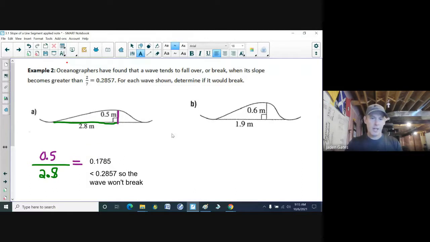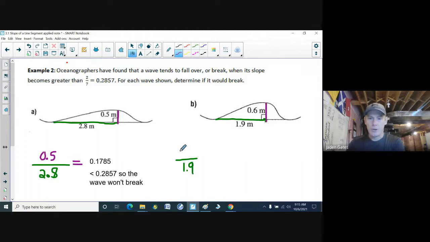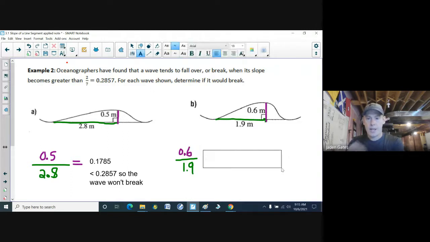All right, let's check out B here. Again, I have my run, which is your left or right number, in this case to the right, which again is 1.9. And then our rise, which is going up here, 0.6. All right, now let's see.